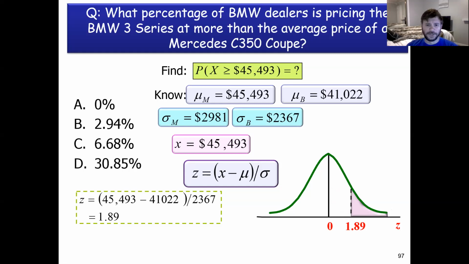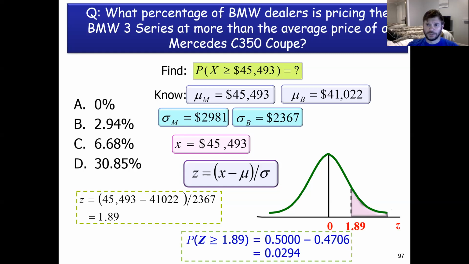If you want to pause the video, fine. Go to your standard normal table and find the value that corresponds to a Z-score of 1.89. What you should find is that the table value is 0.4706. We subtract that from 1/2, and that leaves us with an upper tail probability of 0.0294, or 2.94%.